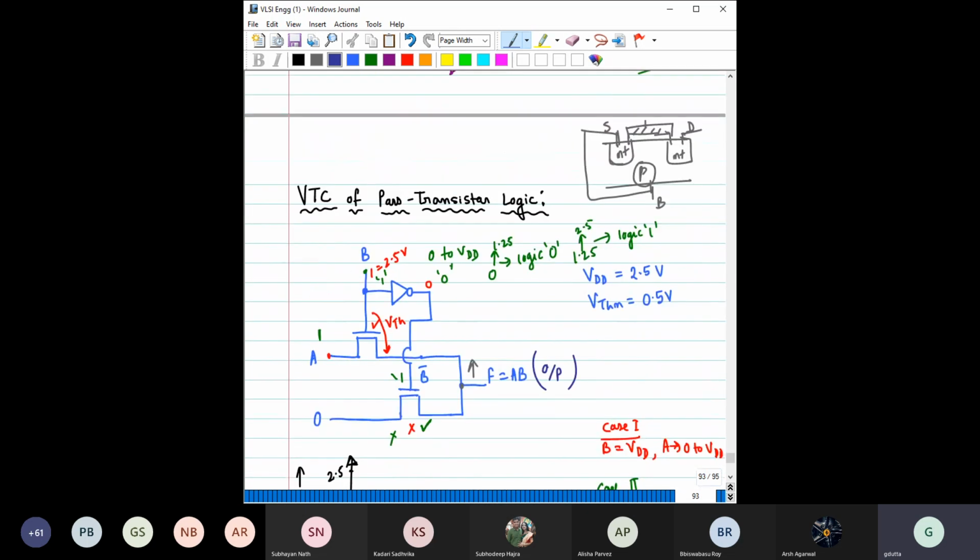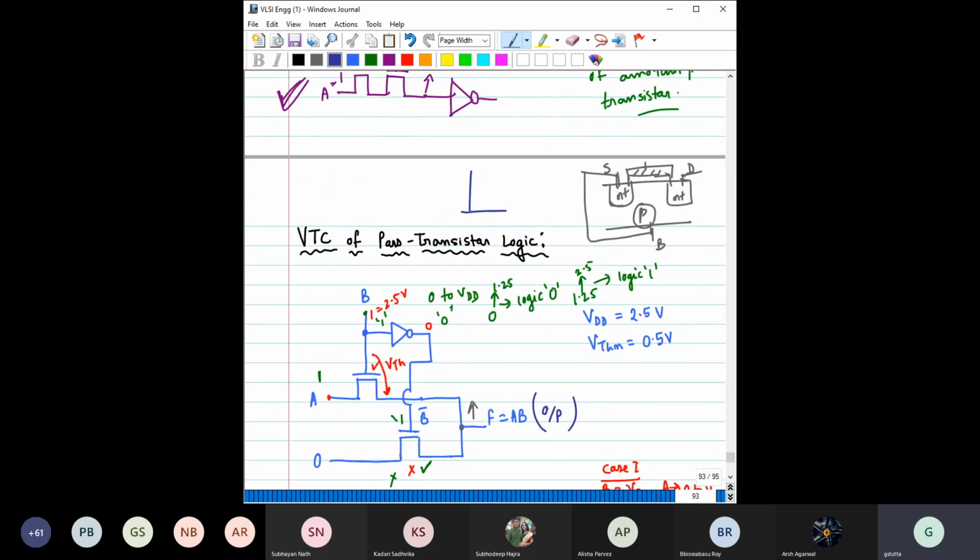If you recall, what was the VTC for a static CMOS inverter? Like this, V out versus V in. This was for the static CMOS inverter, right? Do you also recall that we discussed near the beginning of this course that there is some property called the regenerative property?